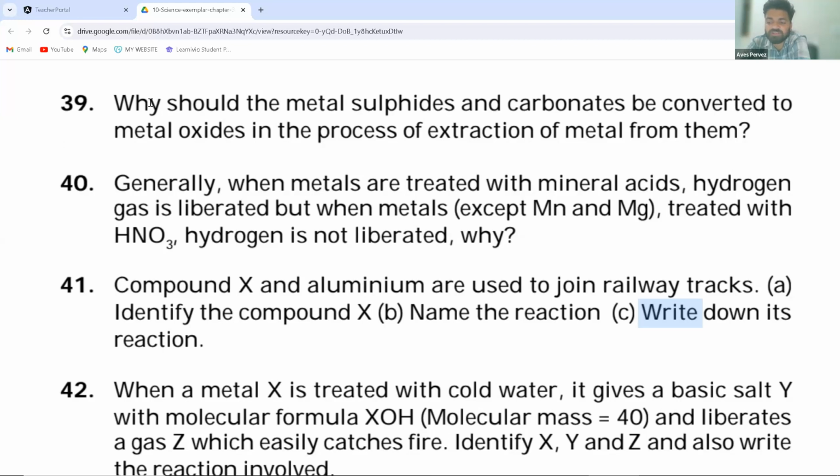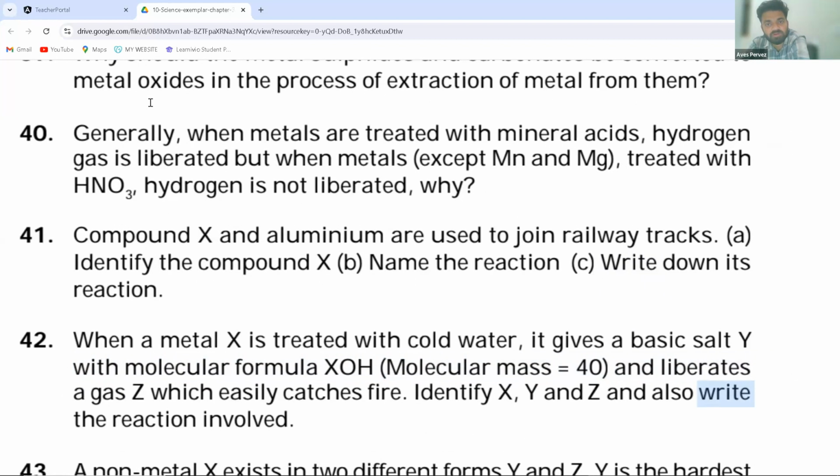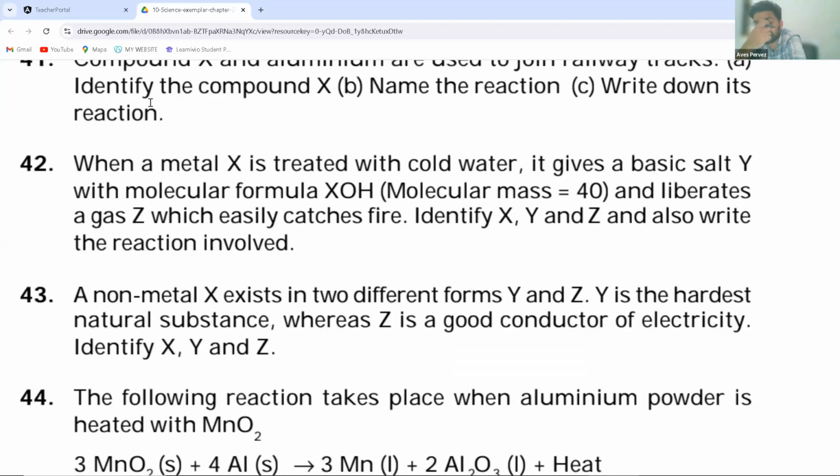It oxidizes the hydrogen, making the hydrogen gain oxygen and form water instead of hydrogen gas, and it itself gets reduced to nitrogen oxides like NO2, N2O, N2O5, and NO3. Question number 42. Note it down in your copy.